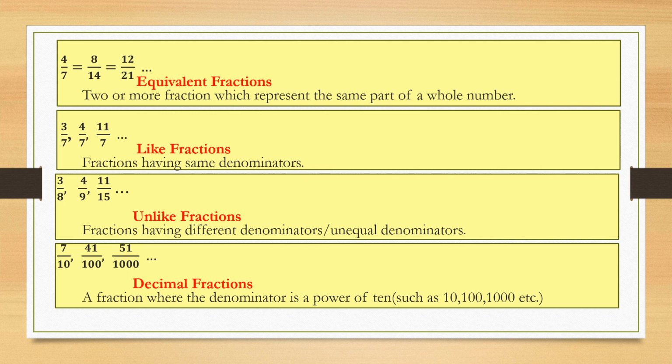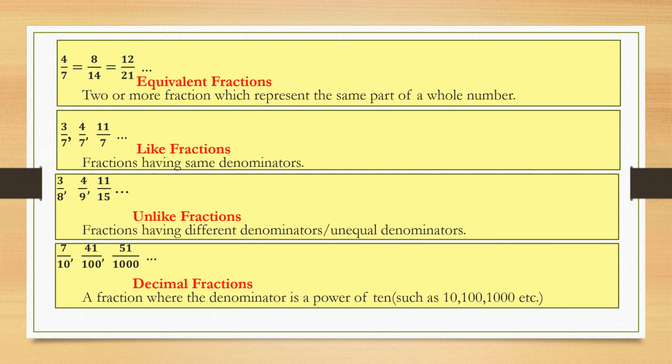Equivalent fraction. Two or more fractions which represent the same part of a whole number are called equivalent fractions. For example, 4 upon 7 is equal to 8 upon 14, which is equal to 12 upon 21.